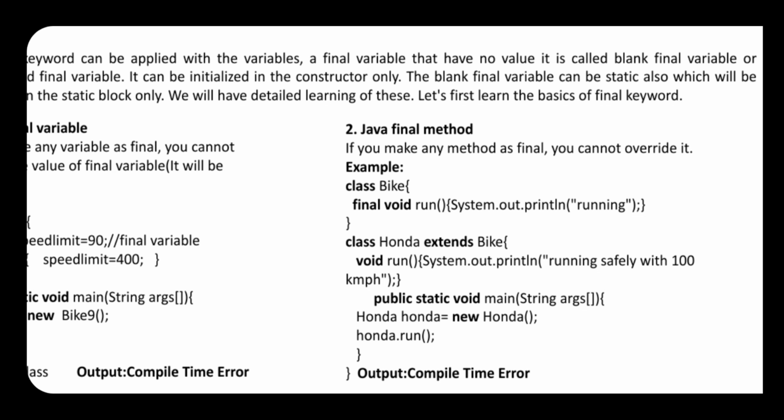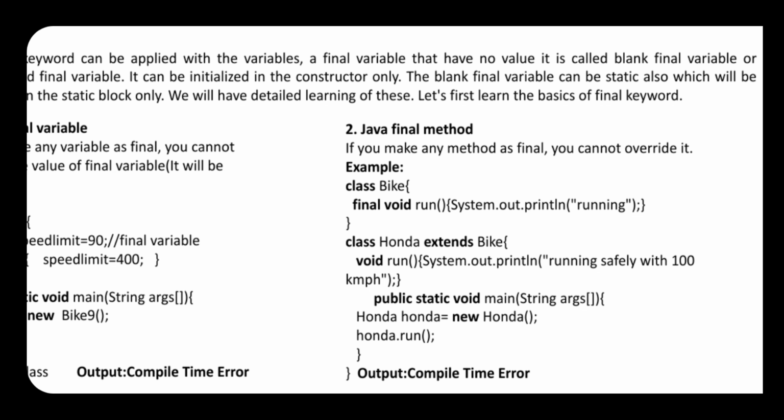To stop that from being overridden, you can use the final method. If you make any method final, you can't override it. Overriding means we can't leave that one and execute with the next statement. Then also you are going to get a compile time error itself.